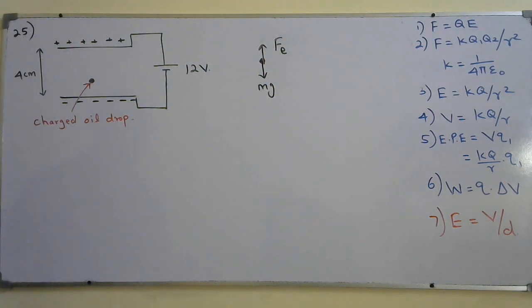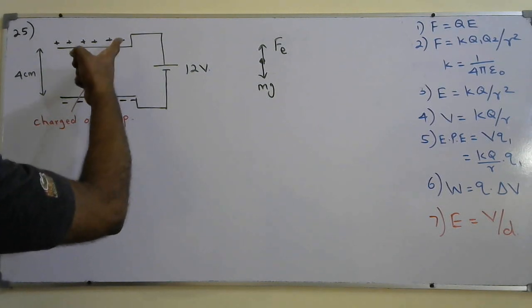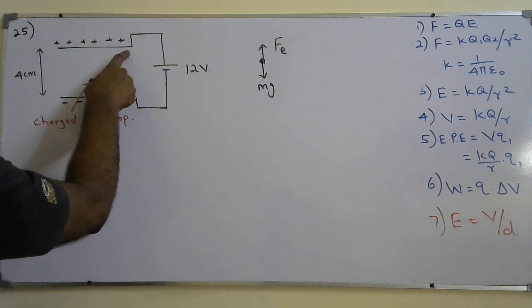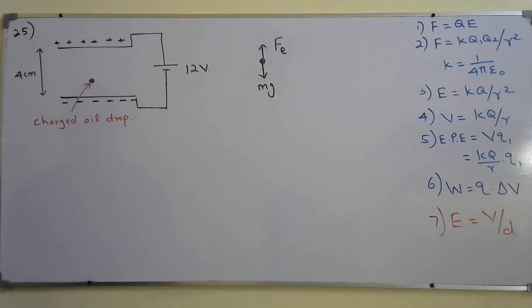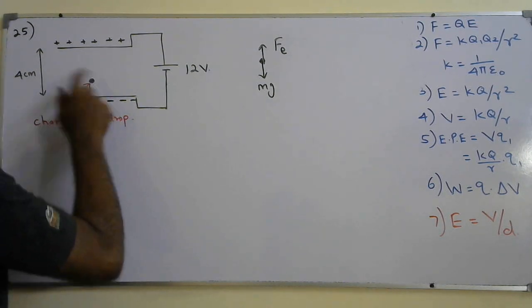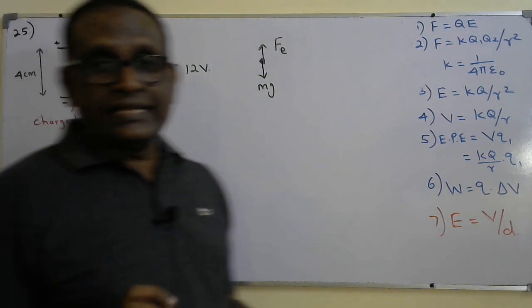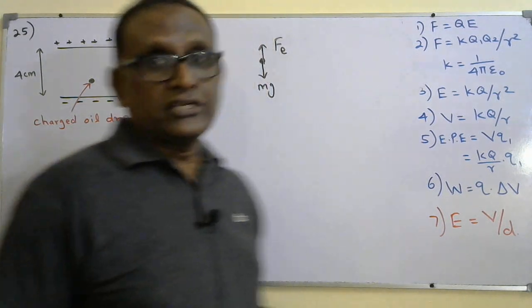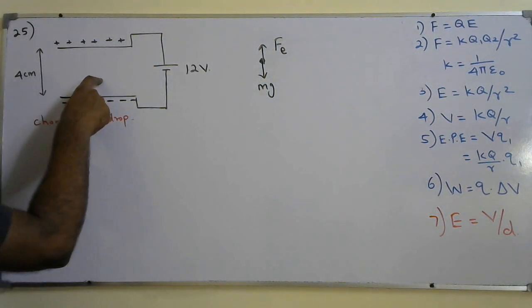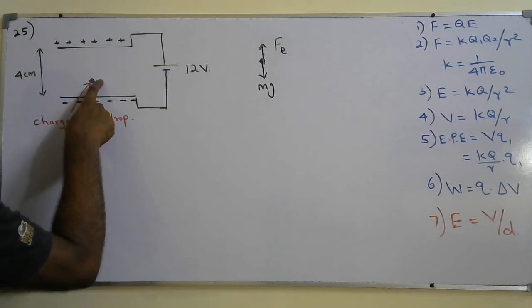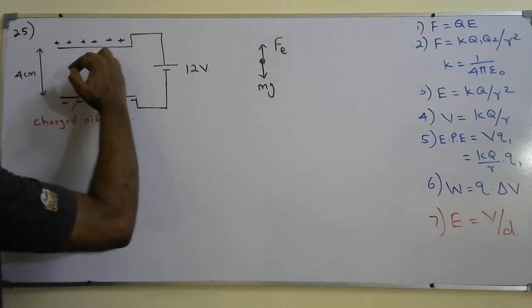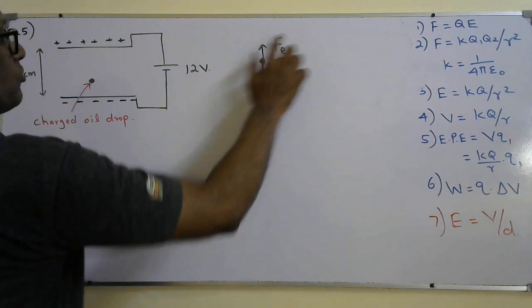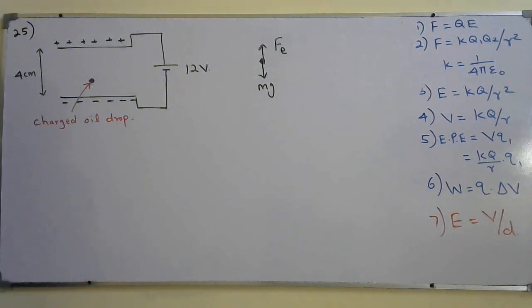So the electrostatic force should be upwards, towards the positive plate, away from the negative plate, which means the oil drop must carry negative charge. Then only it will experience electrostatic force towards the positive plate, away from the negative plate. So the electrostatic force is due to the negative charge of the oil drop.